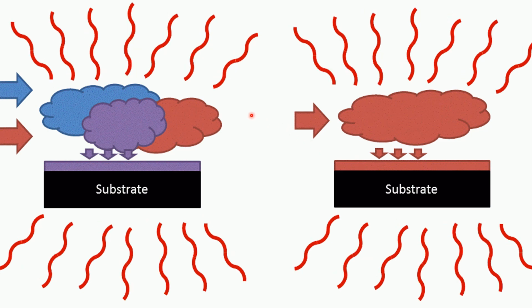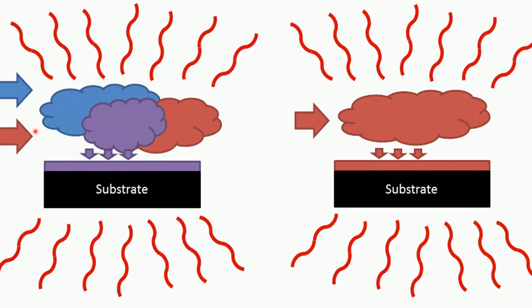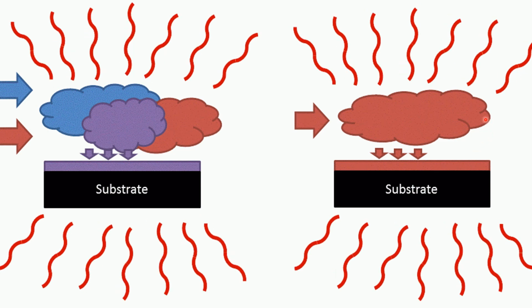So chemical vapor deposition may be a multi-component deposition technique where you can introduce a wide range of different types of precursor gases, or you may introduce a single gas or precursor material onto the surface of the substrate.